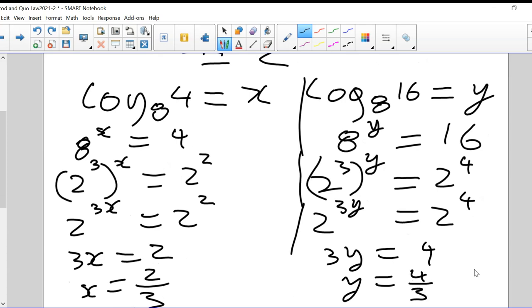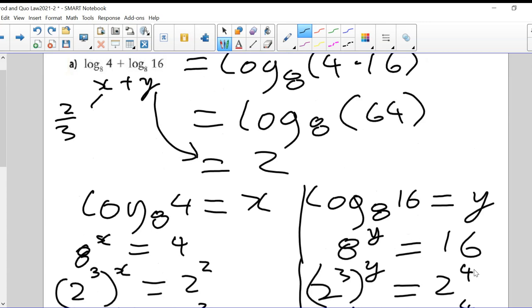So what that means is that this y that we had up here, we just erase this. This y was actually equal to 4 over 3. The log base 8 of 16 is 4 over 3. And by the way, I'll show you again how we justify that. But we really just have to add these two together now.